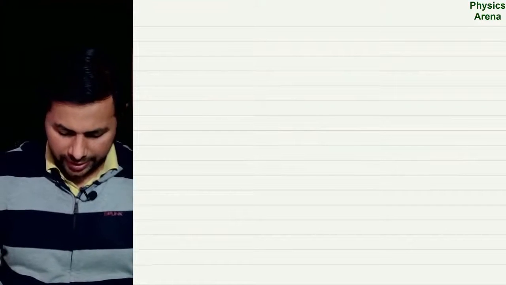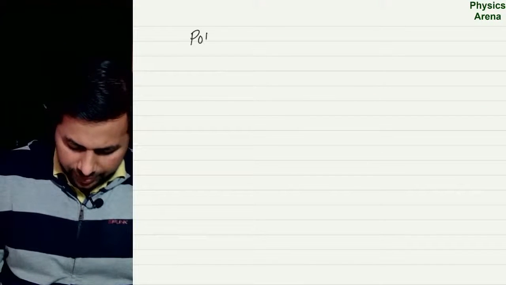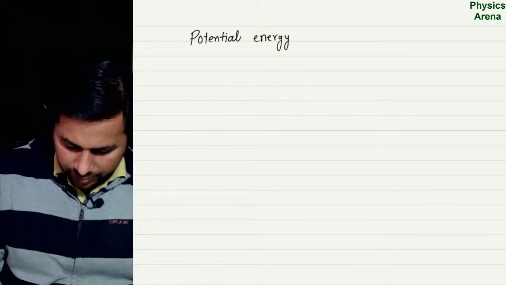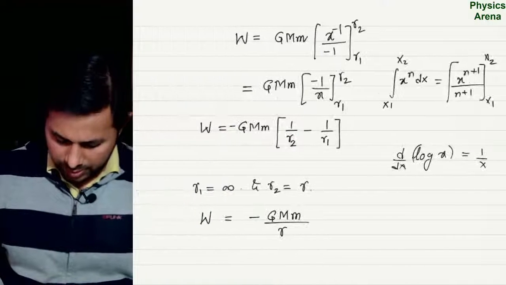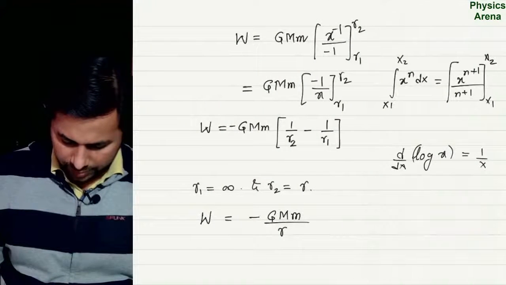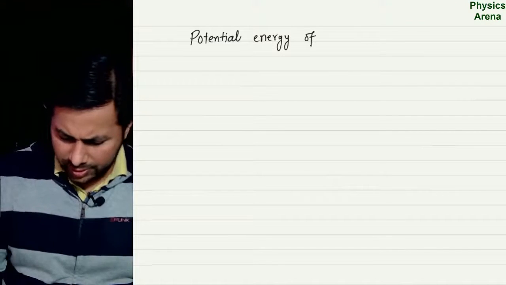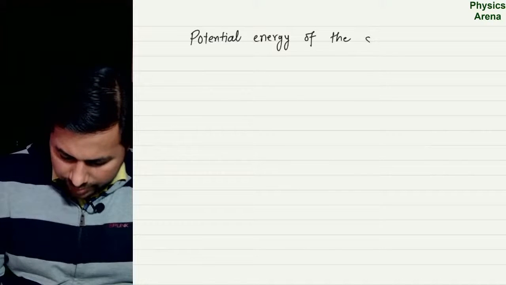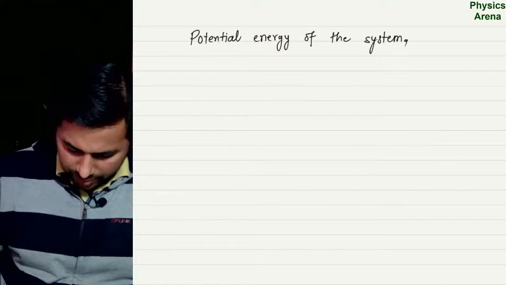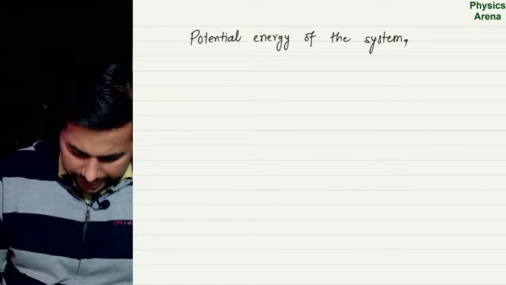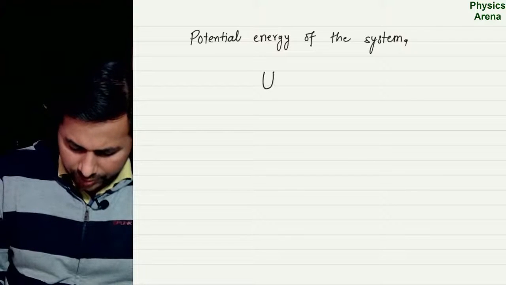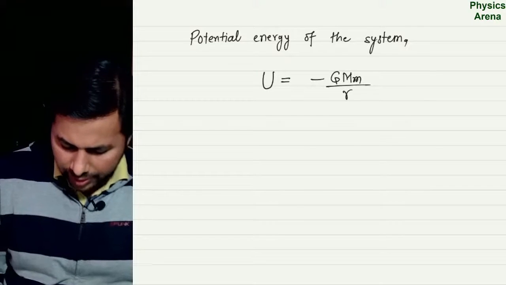And therefore I can say that the potential energy of mass m or the system, let's write potential energy by the letter U, is equal to minus of G capital M into small m over r.